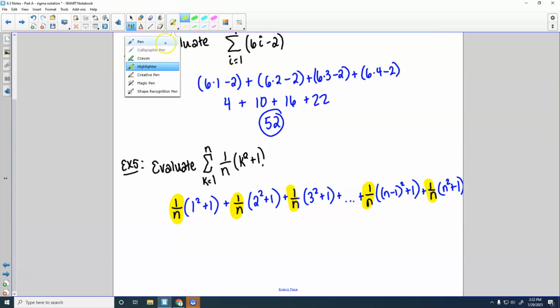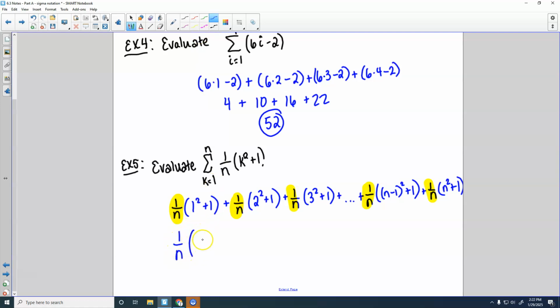That'd be all right. So I could write this with the 1 over n here, and then I'd have 1 squared plus 1 plus 2 squared plus 1 plus 3 squared plus 1 plus dot dot dot plus n minus 1 squared plus 1 plus n squared plus 1.